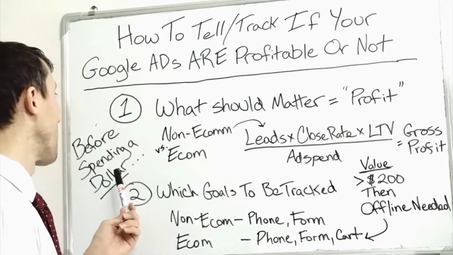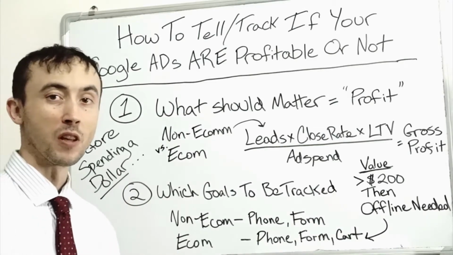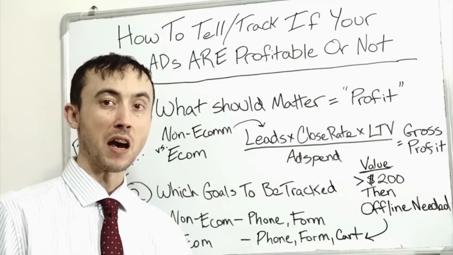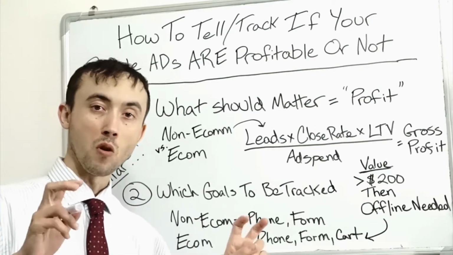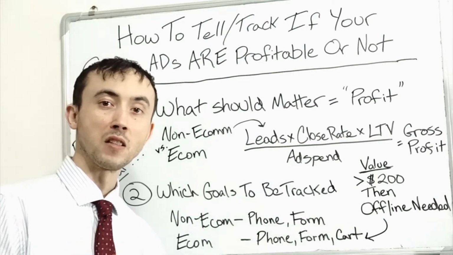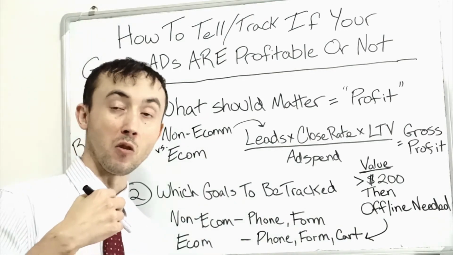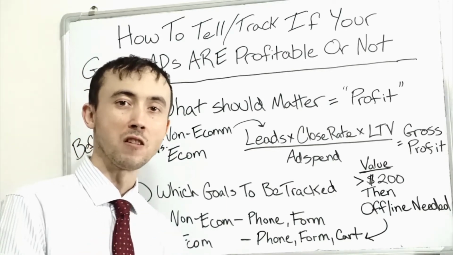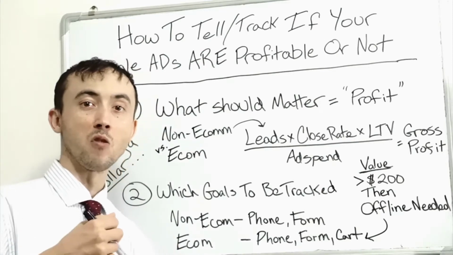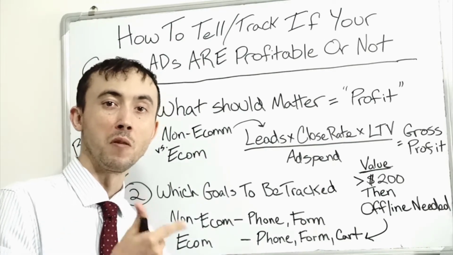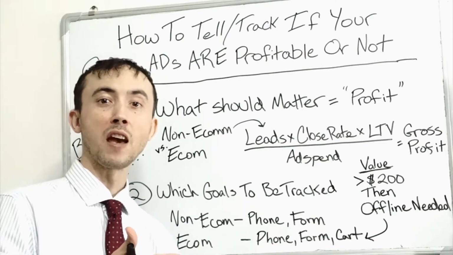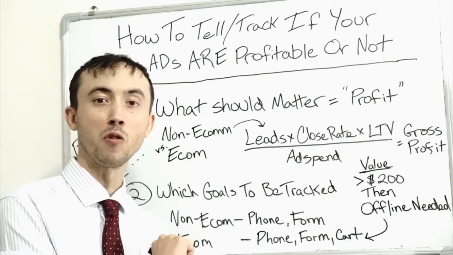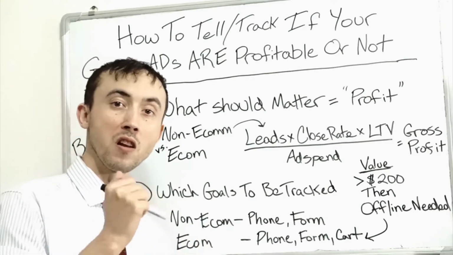And one of my important points, and this is a philosophy that I use on all of our own campaigns, is that before you spend a single dollar on your ads, you should be running all these quote-unquote formulas, a return on investment calculator that you come up with, to determine what you need out of your ads in order to, A, be profitable, and then B, what you actually want to do out of those ads if you were to get profitable, and then what further goals there are beyond that. So basically you should have a whole roadmap of what you should be able to do and want to do with your campaign.